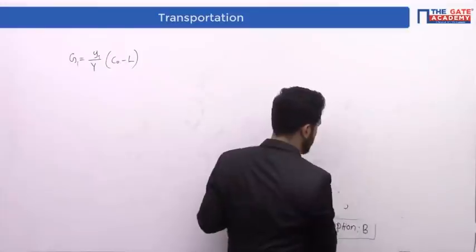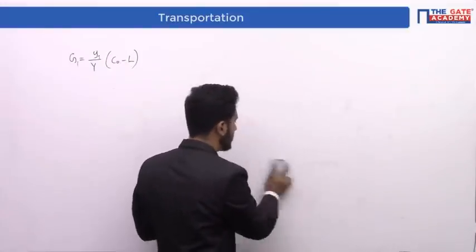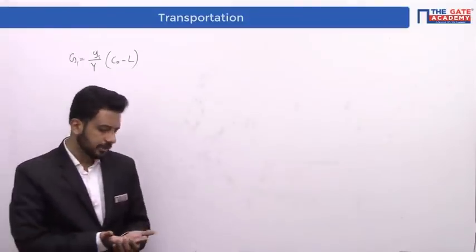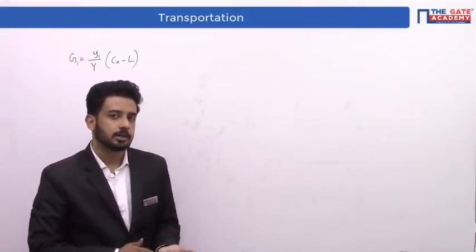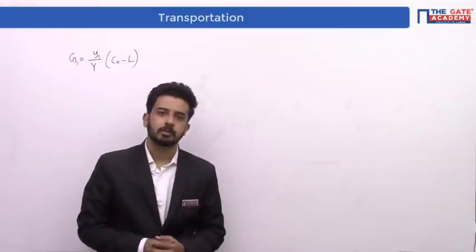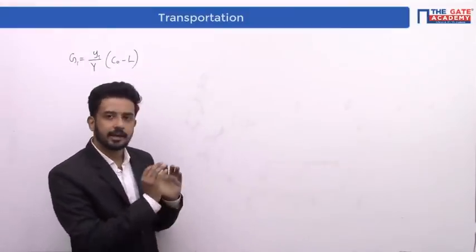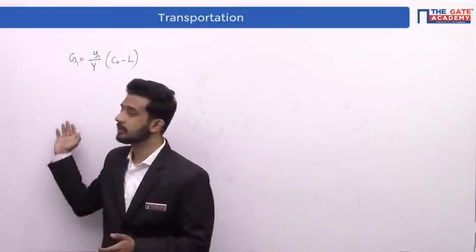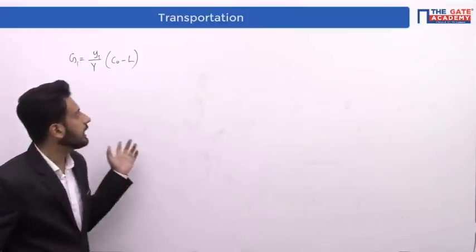Fine. So if they are asking the effective green time, most of the time they will directly give you the optimum cycle time. Otherwise, they can directly ask you the optimum cycle time only. They will not extend the question till here.